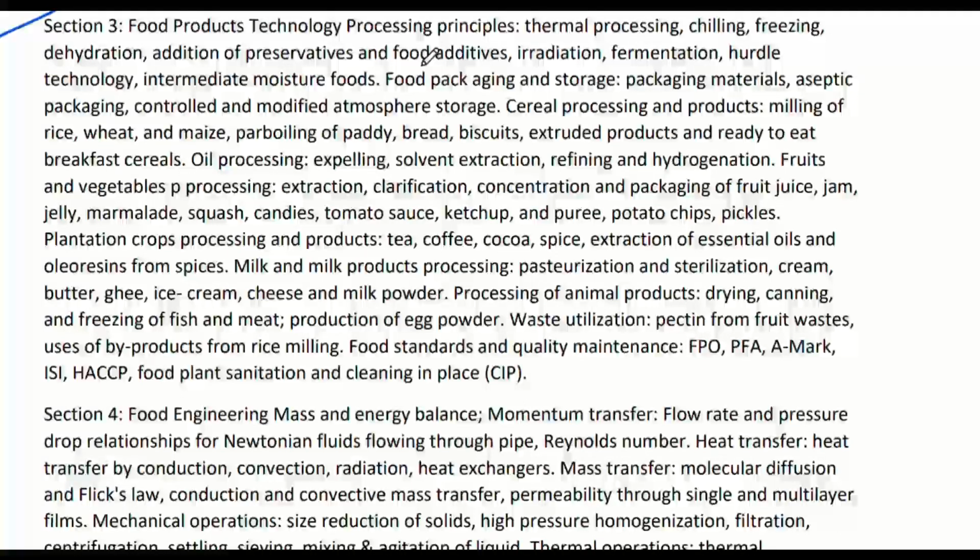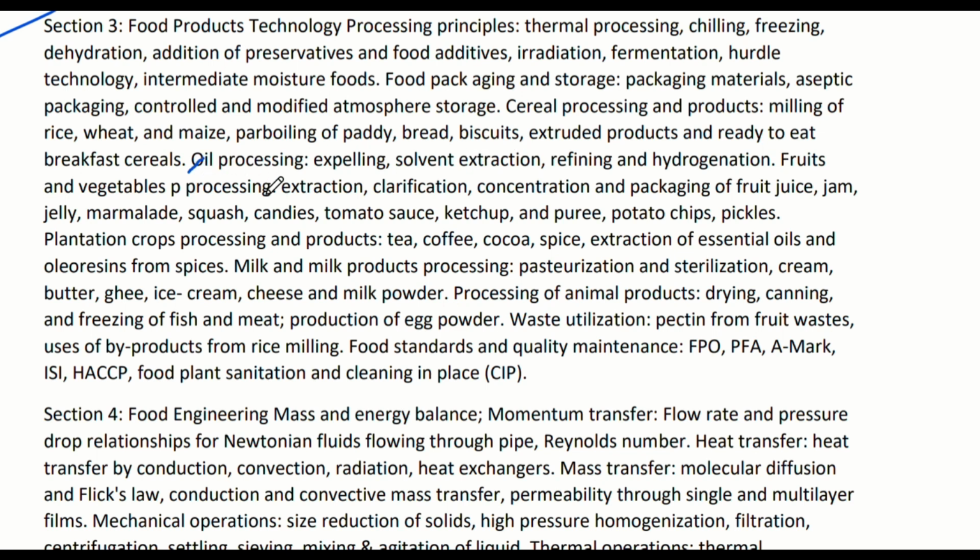Processing principles, thermal processing, chilling, freezing, dehydration, addition of preservatives and food additives, irradiation, fermentation, hurdle technology, intermediate moisture foods, food packaging and storage, packaging materials, aseptic packaging, controlled and modified atmosphere storage. Cereal processing and products, milling of rice, wheat, and maize, parboiling of paddy, bread, biscuits, extruded products and ready-to-eat breakfast cereals.